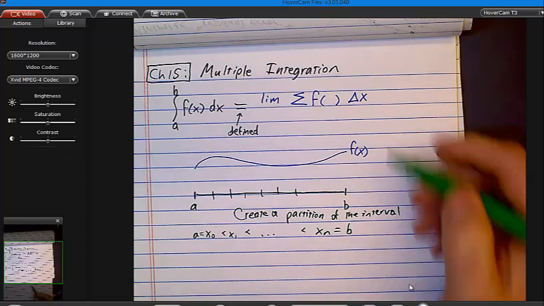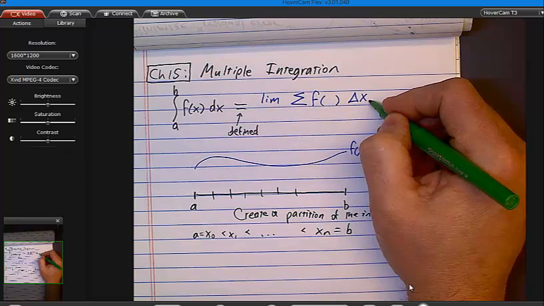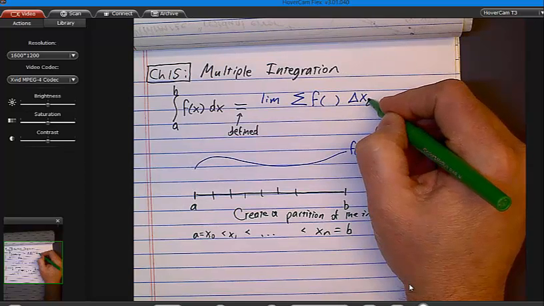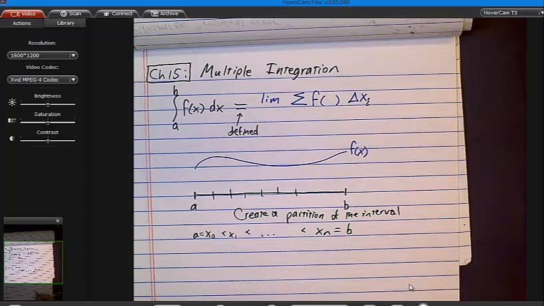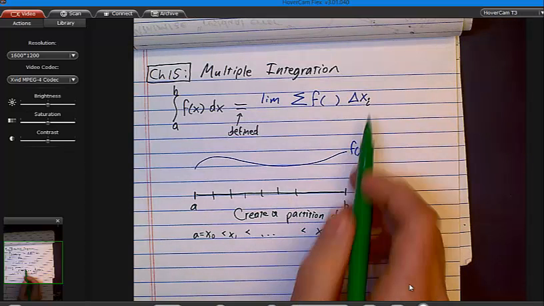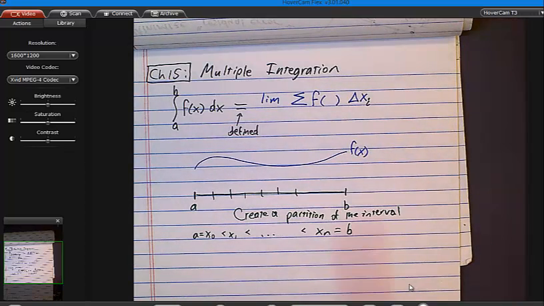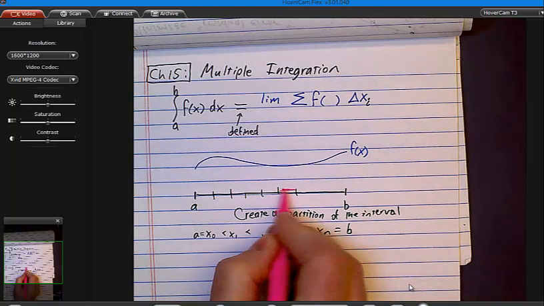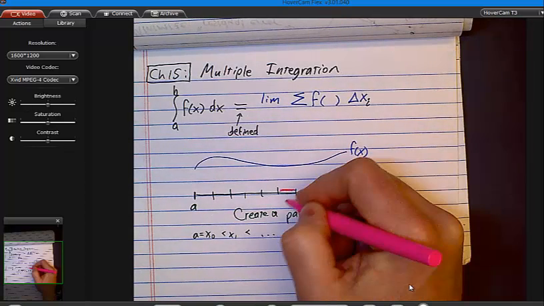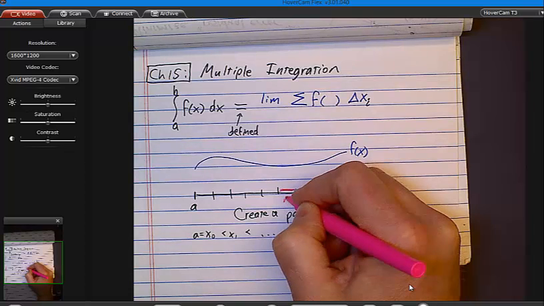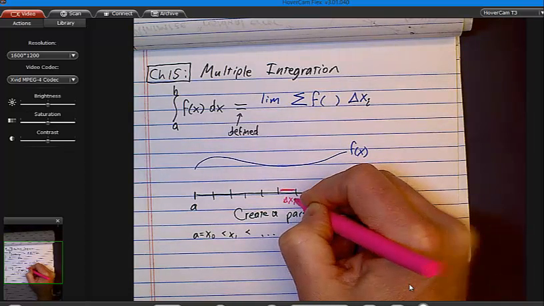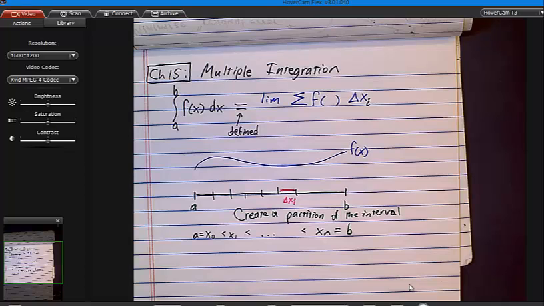At the ith subinterval, when I say delta x, I'm really talking about delta xi right here. And that gives me the width of a rectangle.